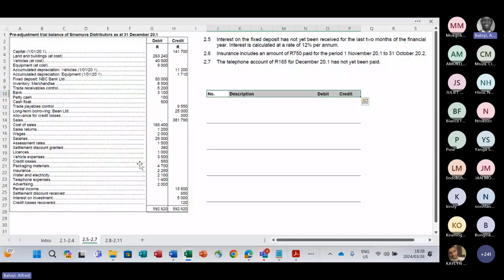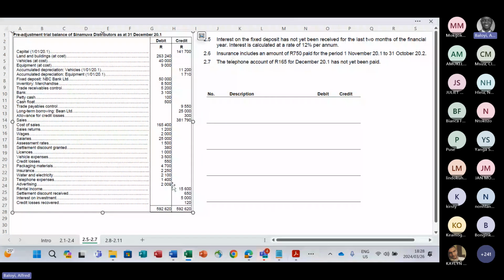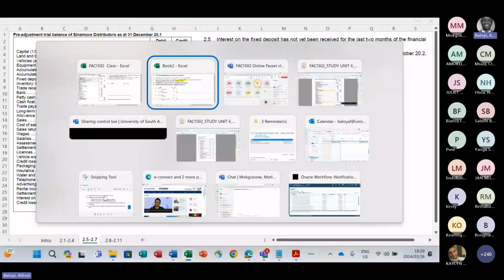If you want to reduce the rental income, you have to debit it on the debit side. But if you want to increase it, for example if the rental was received for 11 months, you had to account for an additional month, you would credit rental income. So it depends on the situation, but at the minimum, you'll have 2 accounts to debit and credit. I hope that's clear.